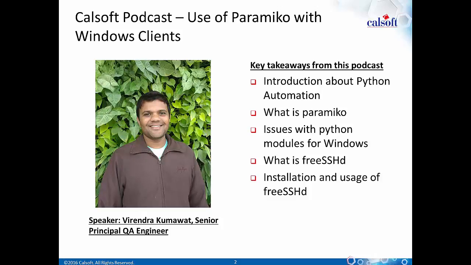Now for a Windows system, if I want to connect, we require some other modules, like PyWinRM is one and WMI is the second. But one may face many issues with these modules. These modules are error prone. Some open bugs are already there, like timeout sessions and sometimes authentication errors, where you are not able to authenticate to a particular session. These kinds of issues are there in existing Python Windows modules.